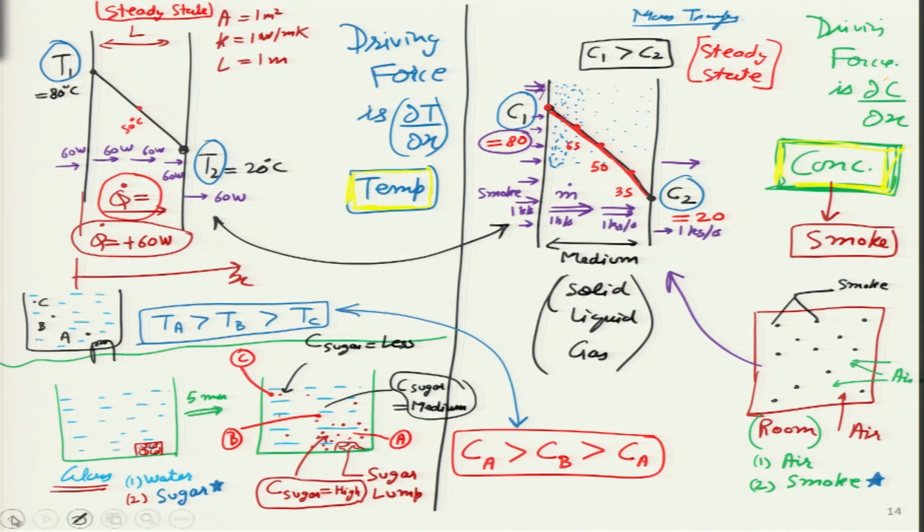It is difficult to see this situation happen in reality, because to achieve steady state mass transfer we have to create a very nice equipment setup, but if we have resources we can definitely do it. It is not impossible. All we need is a constant concentration boundary condition on this side and a constant concentration boundary condition on this side, and automatically after some time it will reach steady state.